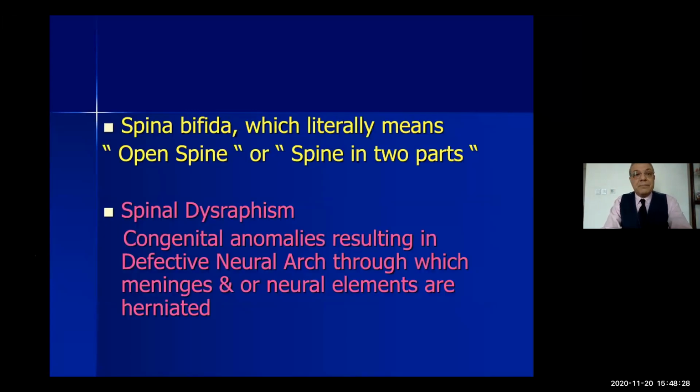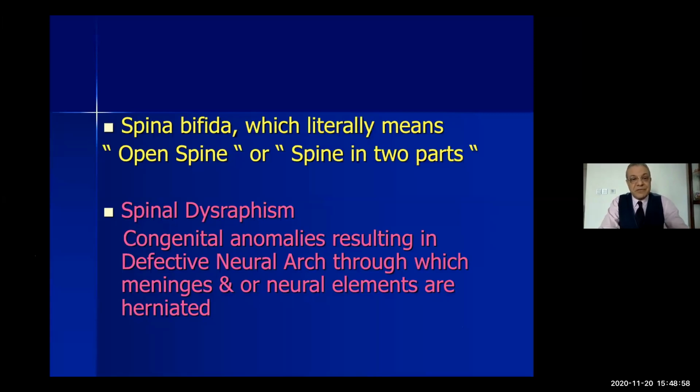So spina bifida, yes, this was the term that we were using before, which literally means open spine, or spine in two parts. But I want to say that nowadays it is better to use the spinal dysraphism terminology rather than spina bifida, because spina bifida gives a little bit of an impression that we are talking about the vertebrae rather than the whole thing, including the spinal cord, of course.